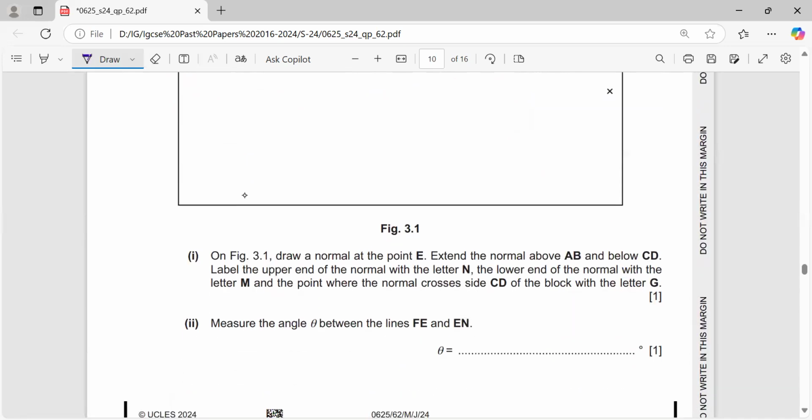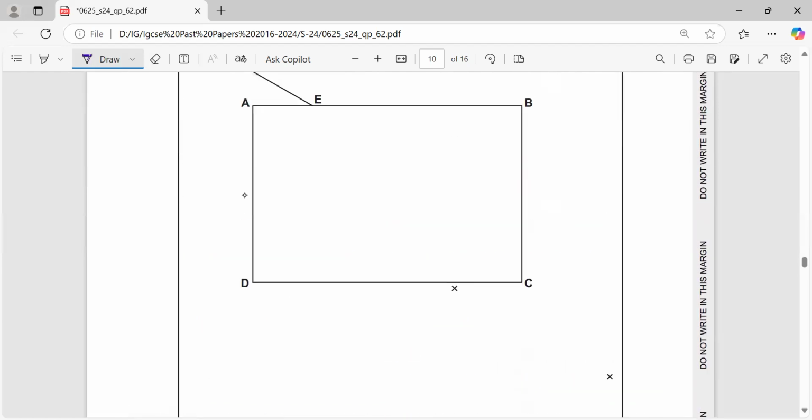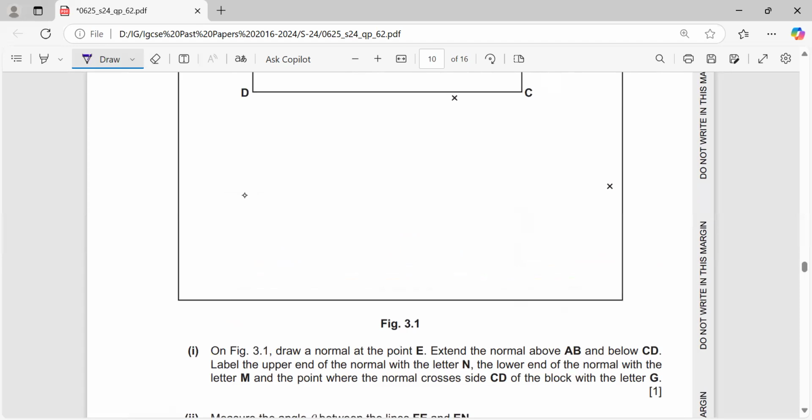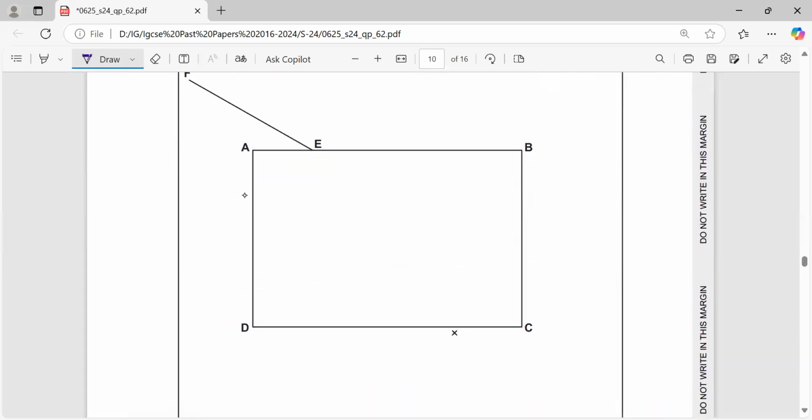On the figure, draw a normal at point E, extend the normal above AB and below CD. First of all, we need to draw the normal, which means a line at 90 degrees to E. Like this.